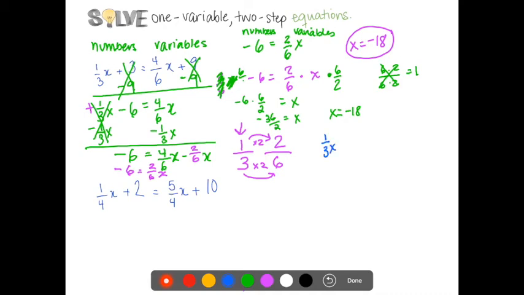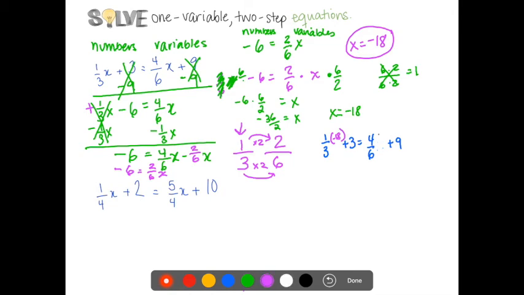My original equation again was 1/3 x plus 3 equals 4/6x plus 9. Anytime I see an x, I'm going to replace it with a negative 18. So instead of the x here that's being multiplied, I'm going to replace that by a negative 18. And then same thing on the other side.